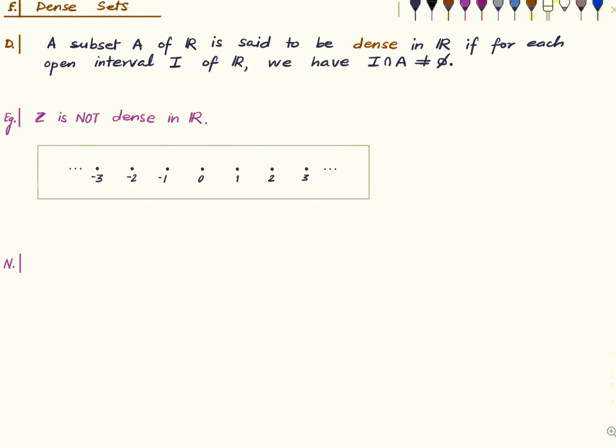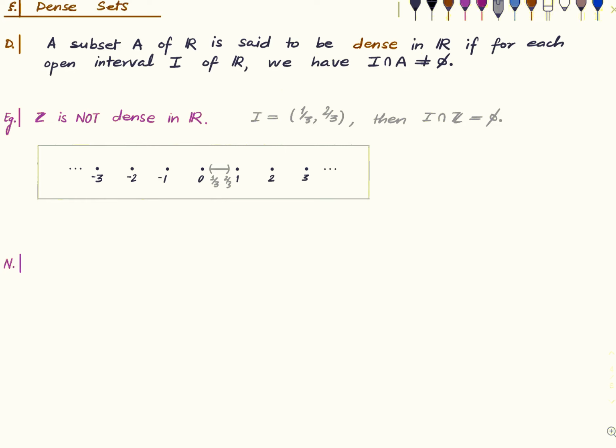For example, one can just restrict your attention to this much, which is just 1/3 and 2/3. So if you take I as this open interval, all the things between 1/3 and 2/3, then I does not intersect Z, and therefore Z is not dense in R.